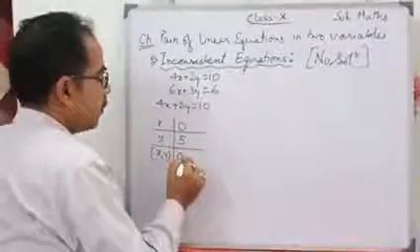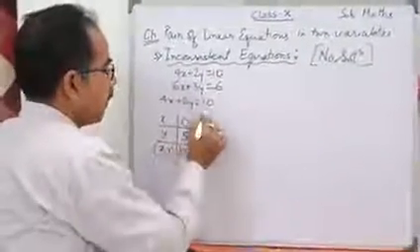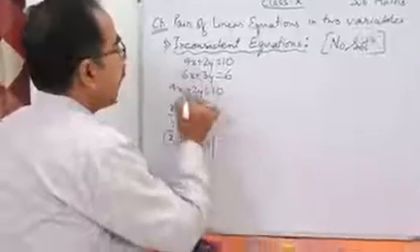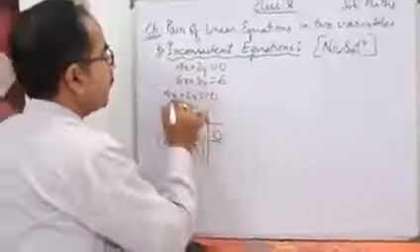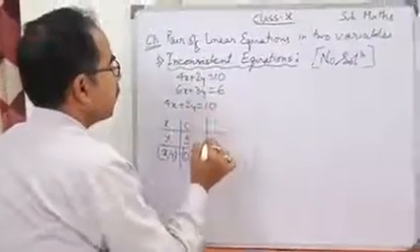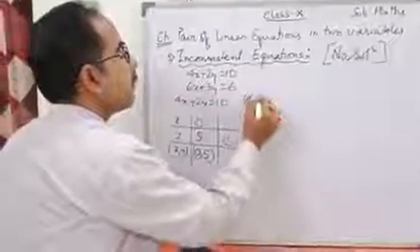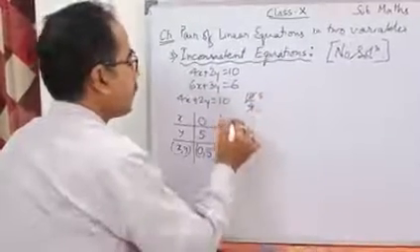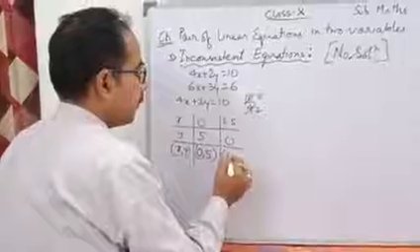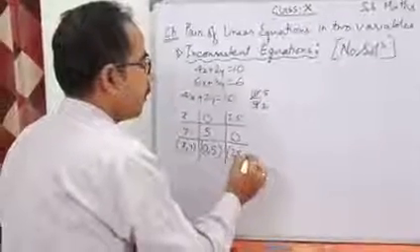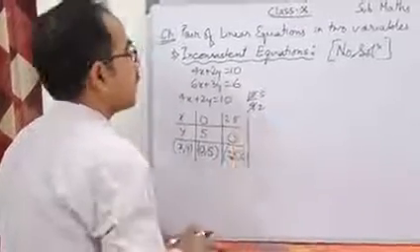That means (0, 5). And if I take y equal to 0, then x will be 10 by 4, that means 5 by 2, that means 2.5. So (2.5, 0). This is the first part over.